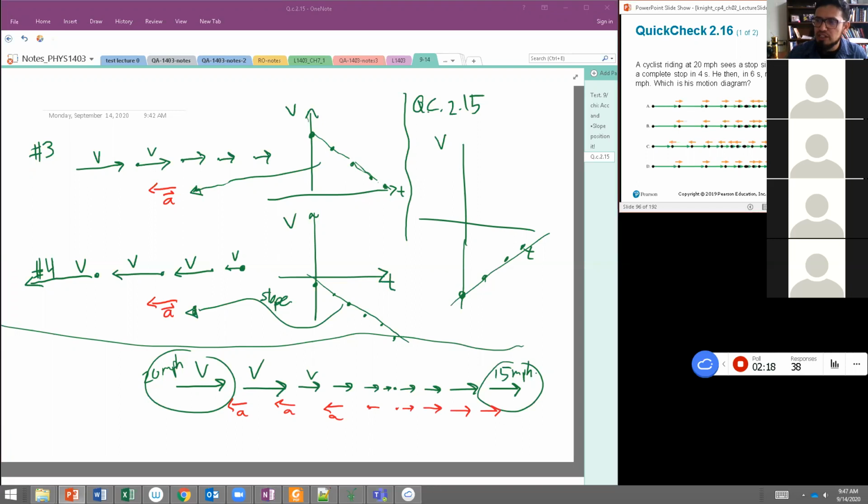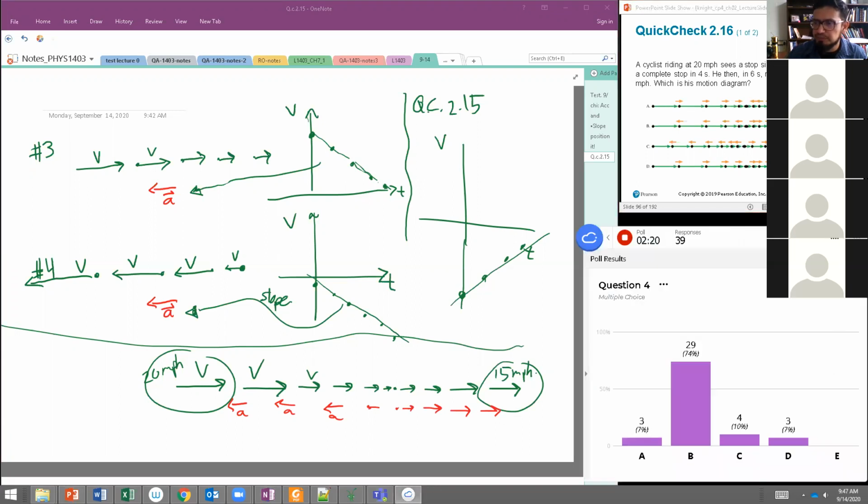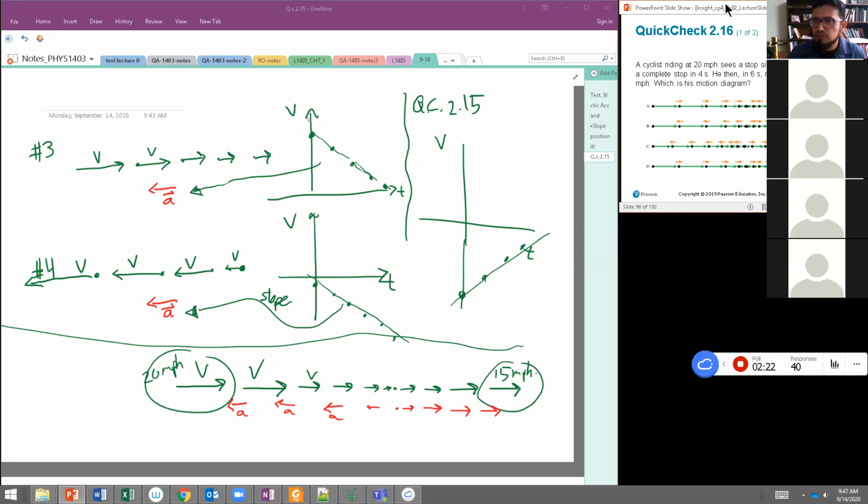So we had two changes in the acceleration. And as most of you correctly answered, B would be the best choice. So the velocities have to match reality, and the accelerations also have to change. Let me know if there are any questions, okay, guys?